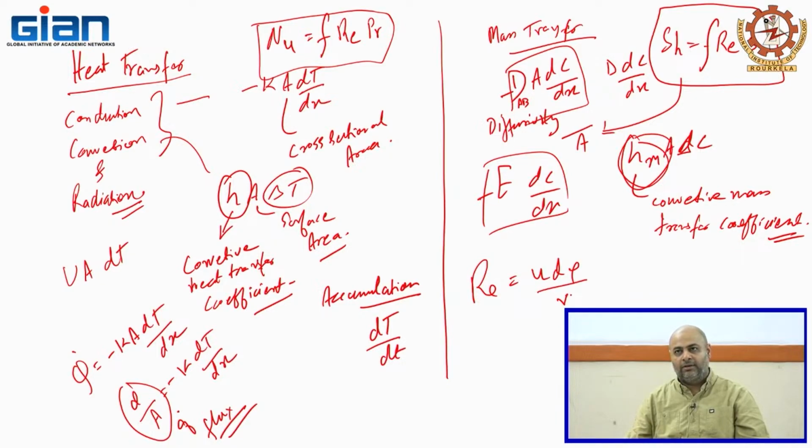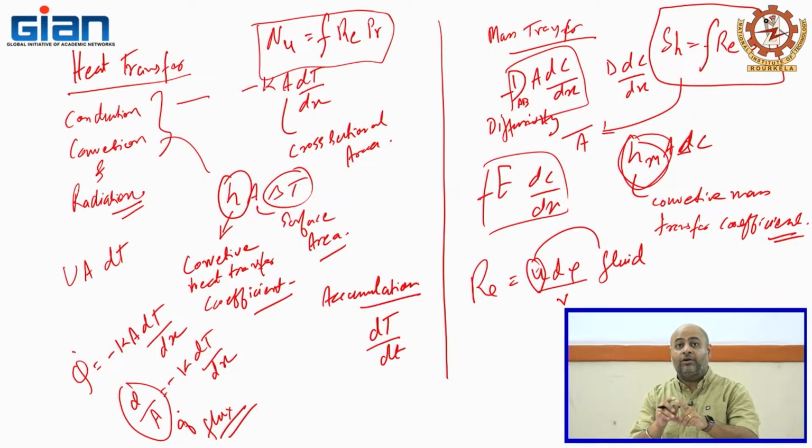Now, U is the velocity of what? Of the fluid. So U is the velocity of the fluid. D is the distance at which you are trying to estimate your mass transfer or heat transfer.